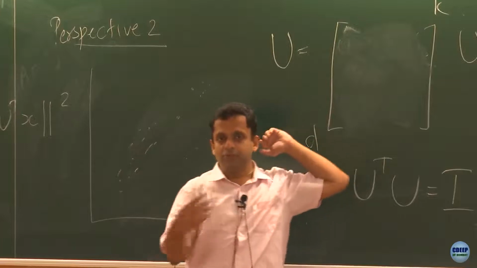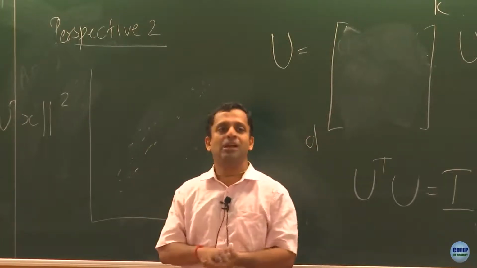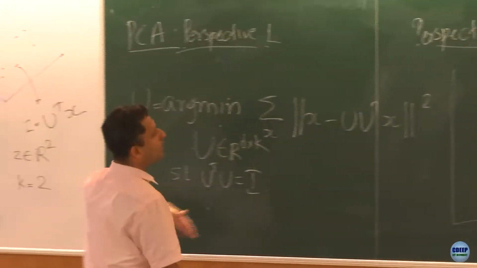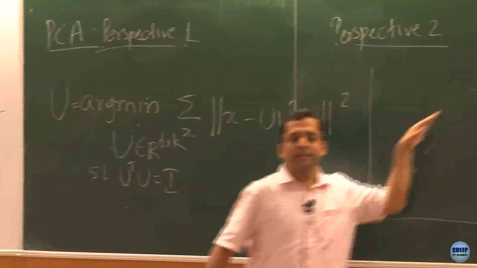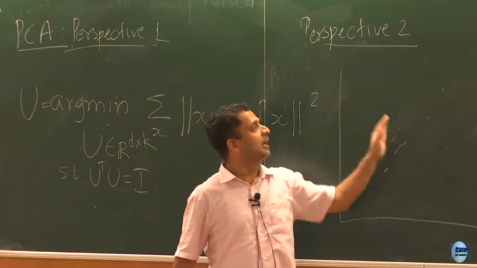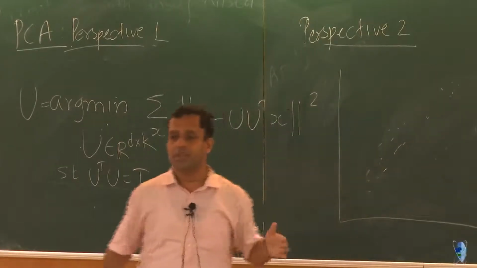So far U didn't have too much semantics; it was just some coordinate system. But now, can this U be discovered by looking at the direction of maximum spread? You can think of spread, correlation, you can also think of variance.